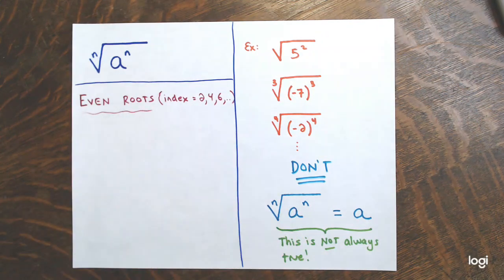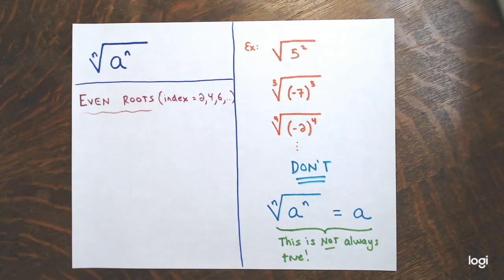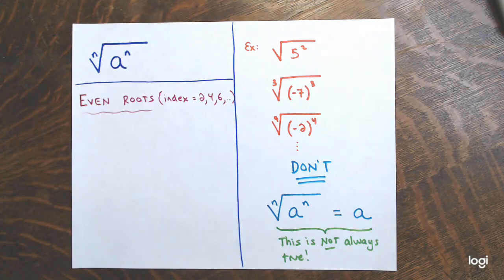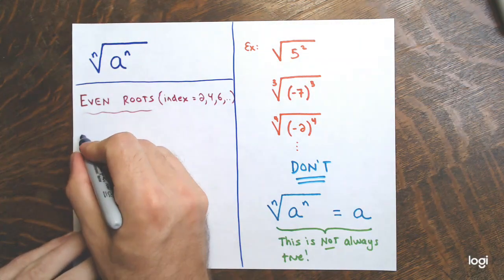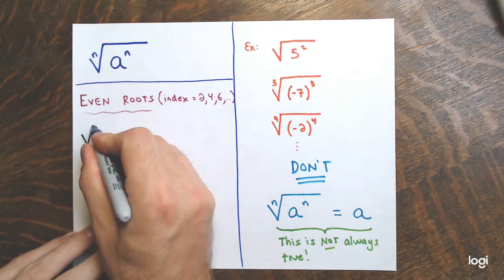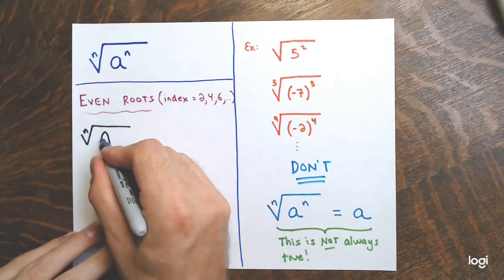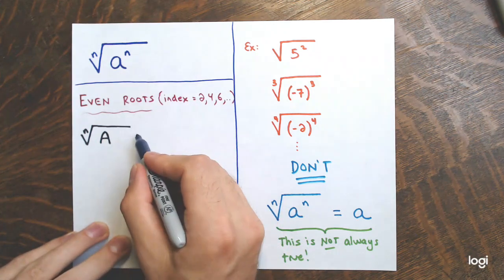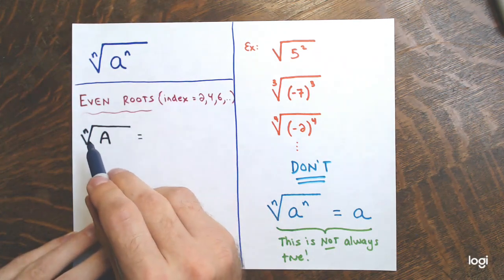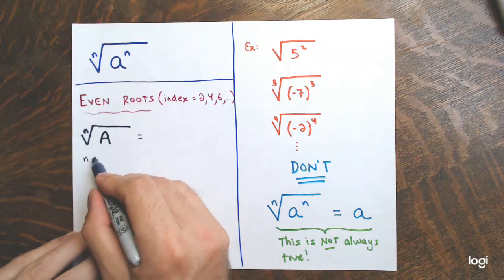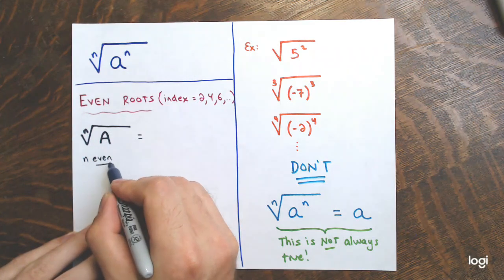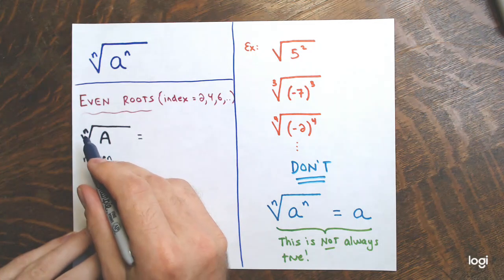All right, so hopefully you recall this from my last video. I'll write it here again. When you see this symbol around some expression, I'll use capital A here instead of lowercase a to the nth, what you're being asked for, again, n is even, 2, 4, 6, 8, 10, 12, and so on.